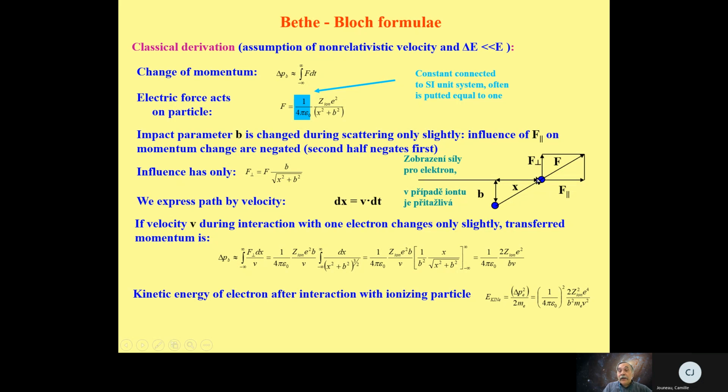It will be only the influence in the perpendicular direction. This is the force which is possible to calculate. If you know that the Coulomb interaction is in the direction from one particle to the second particle, and as I said, only the perpendicular force has an influence, then this is the Coulomb force, and you calculate only its perpendicular direction.